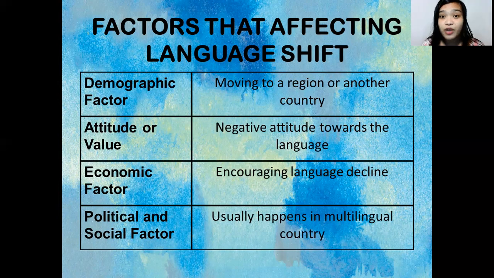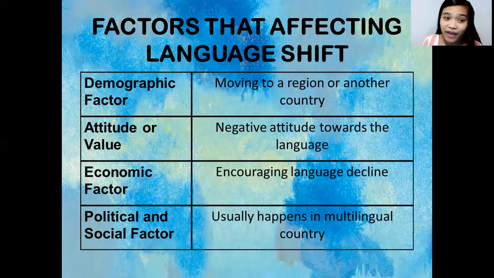But if it is subtractive, it is a disadvantage, especially to the mother tongue when you are learning a new language. Because in subtractive, instead of mastering both languages, your mother tongue will be less mastered because you are more focused on the new language you are currently learning. So it always happens in bilingualism. That is the economic factor.